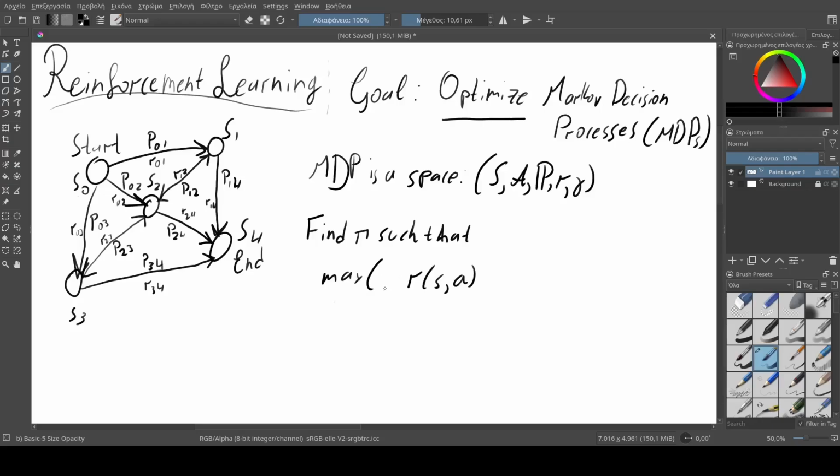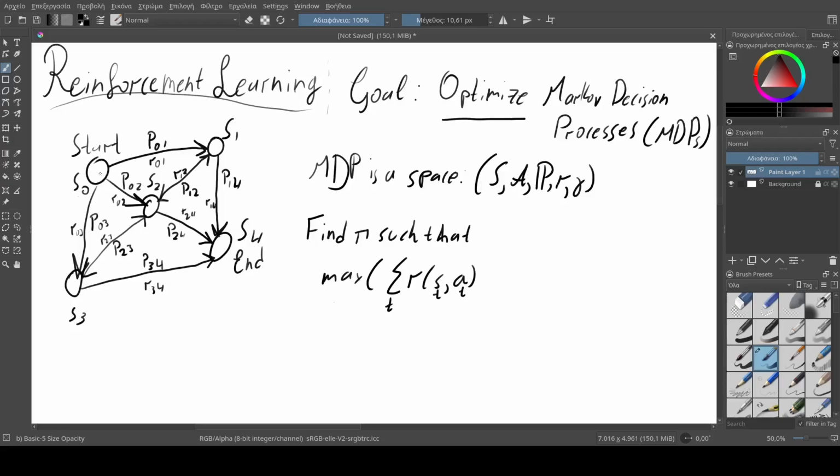And so we want to maximize this function for the entirety of the Markov decision process. And the way that we talk about the entirety of the process rather than a specific reward is to take the sum over all possible steps, symbolized by t, over all time steps, because this is a process.